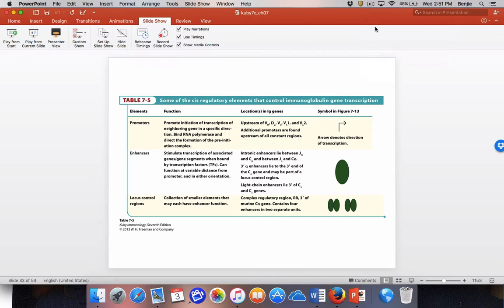So it's possible for you to have an IgM, IgG, an IgE, and even an IgA, all with the same exact Fab region binding site, the same idiotype. And that's because of this class switch. So I want you to be able to discuss class switch and how it works in immune cells.